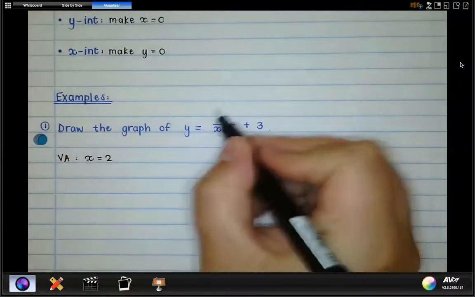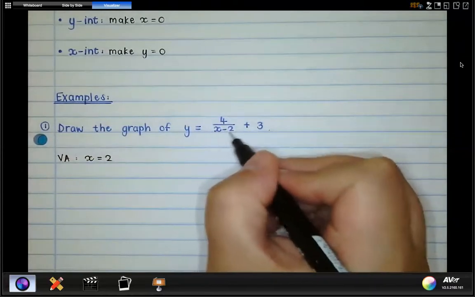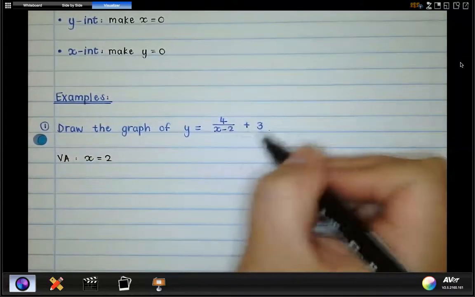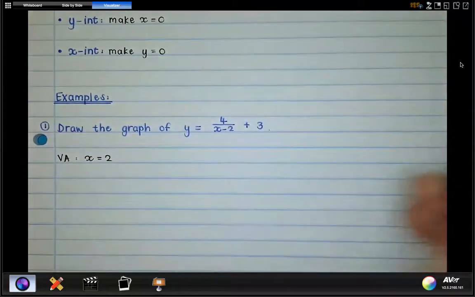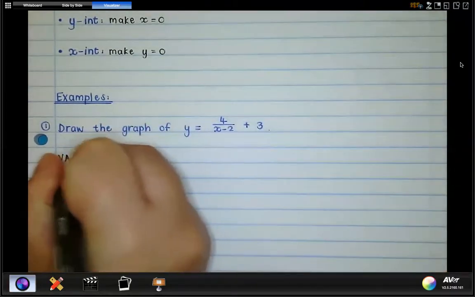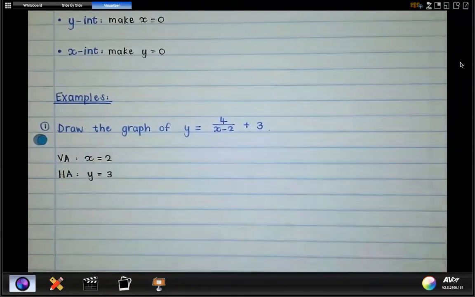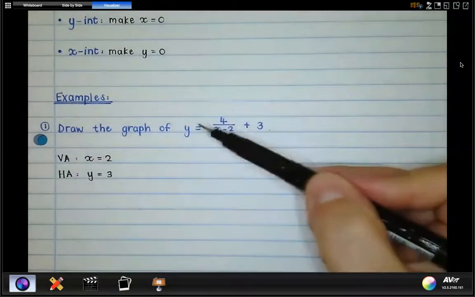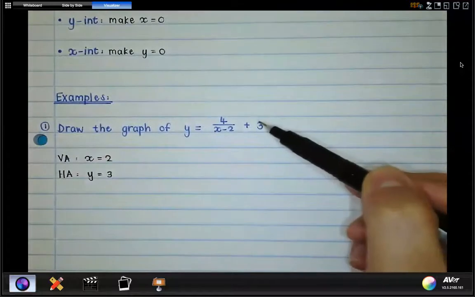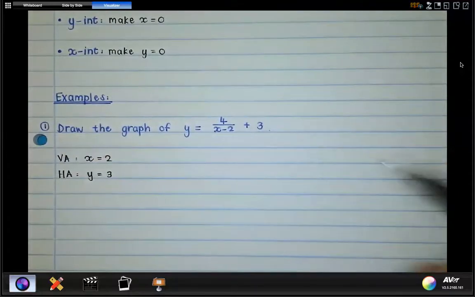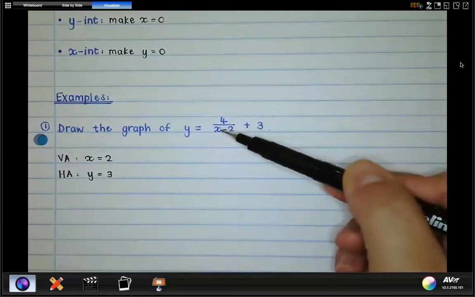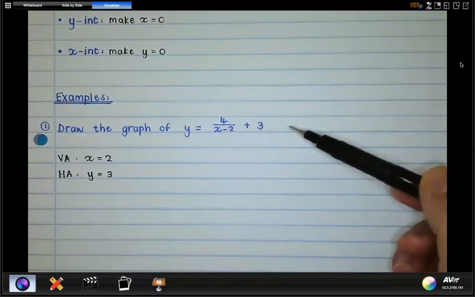All right, so the vertical asymptote is always x equals this number with the opposite sign. Your horizontal asymptote is y equals 3. All right, that one is easy. It's always just y equals whatever that number is. So just like when we did the turning point, for example, with parabolas, the x value changes its sign, the y value stays the same.